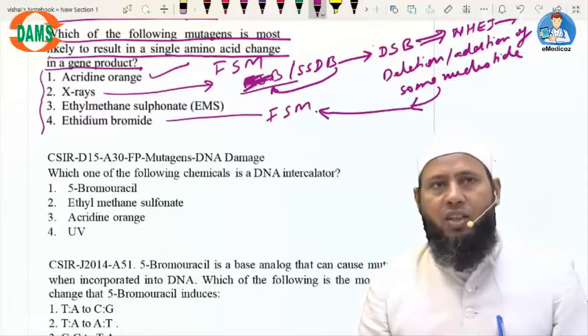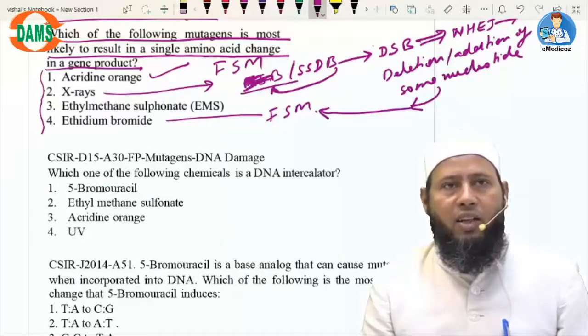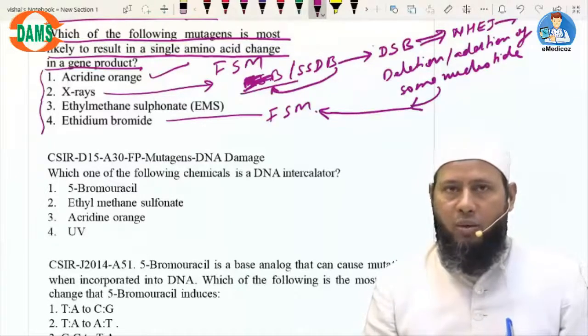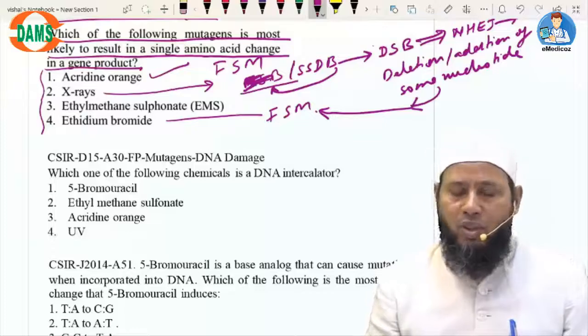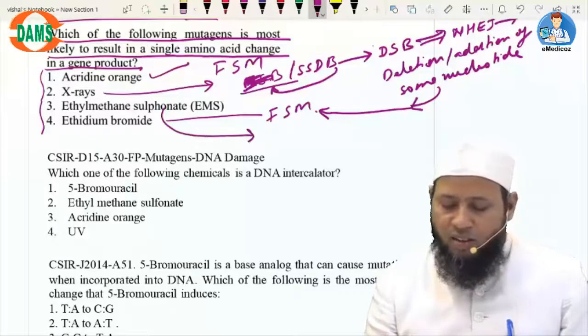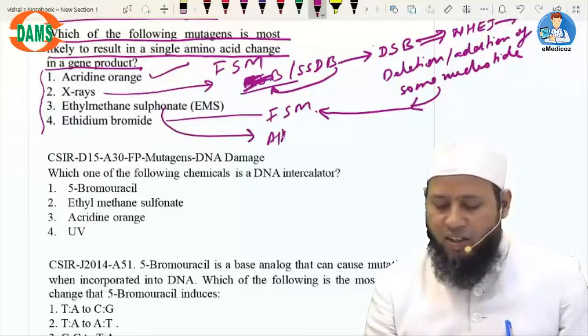So what we see here is that acridine orange, X-ray and ethidium bromide all finally result in frame shift mutation, while ethyl methyl sulfonate acts as an alkylating agent.